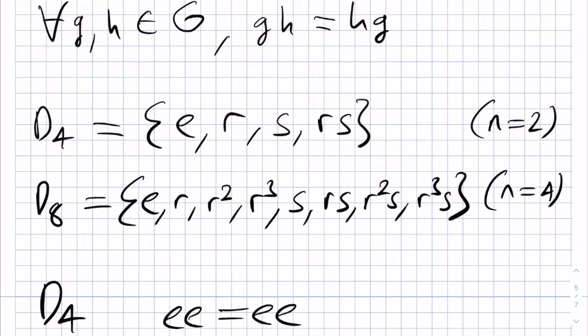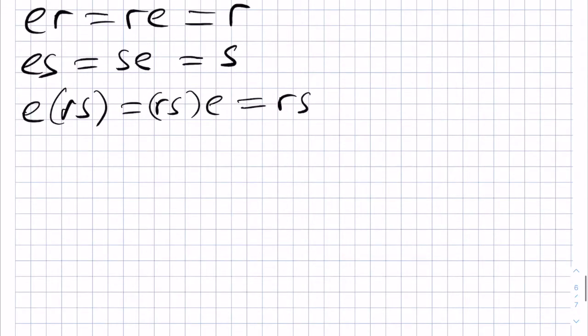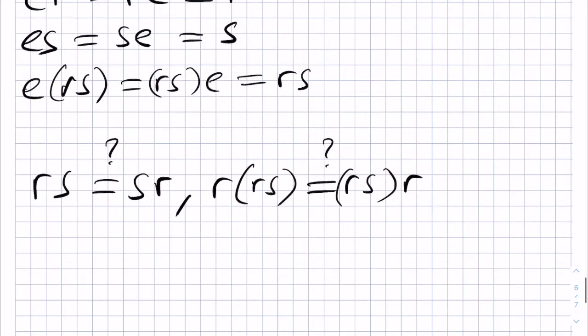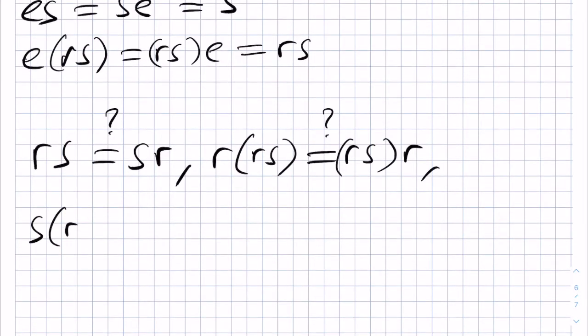So we need to check, and I'll put question marks here to show that we haven't actually demonstrated these yet, that rs is the same as sr, that r with rs is the same as rs with r, and that s with rs is the same as rs with s.